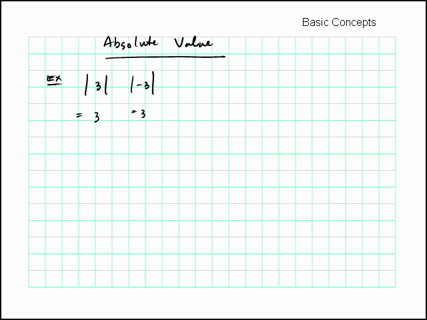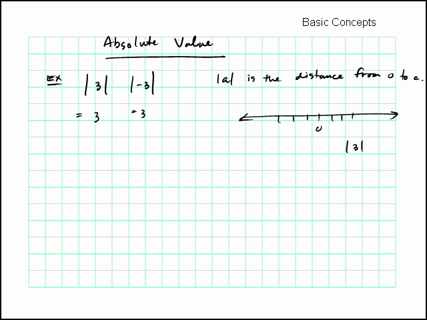One way to think of absolute value is like this. The absolute value of A is the distance from 0 to A on a number line. So if I have a number line here, let me give you an example of 3 and negative 3. Supposing I want the absolute value of 3.